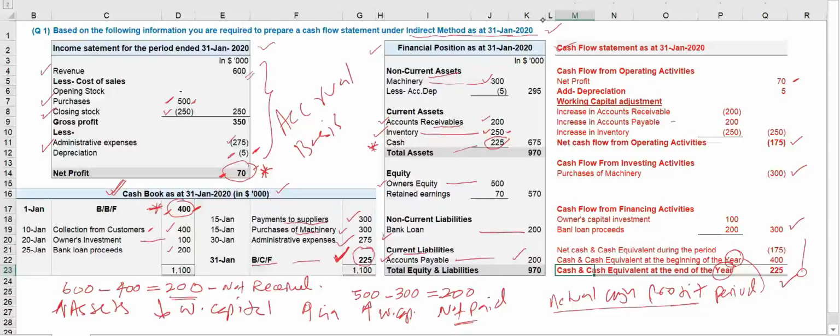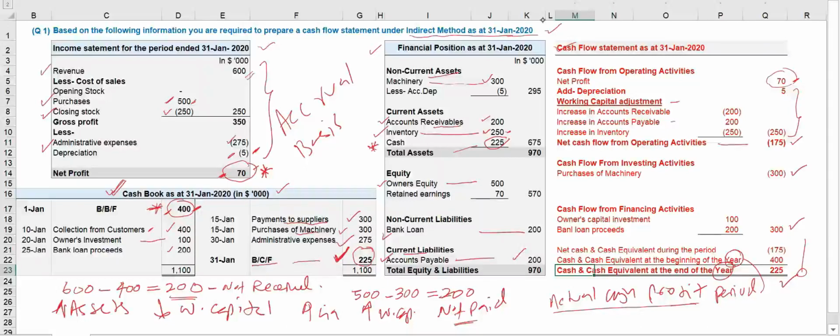So what we did, we took the net profit. From net profit, we adjusted the non-cash items, and also we made an adjustment to the working capital. Under working capital, we have current assets and current liabilities. Those adjustments we have done here, and based on that, we arrived at net cash flow from operating activities.